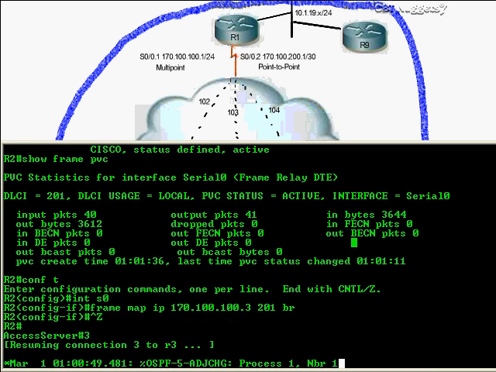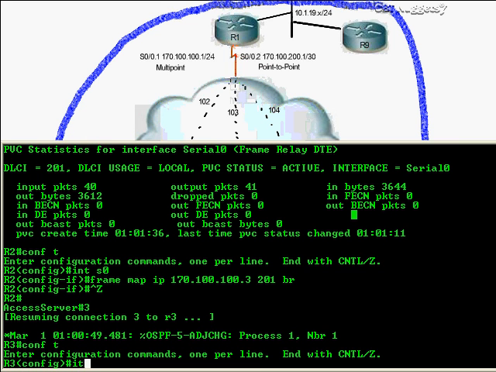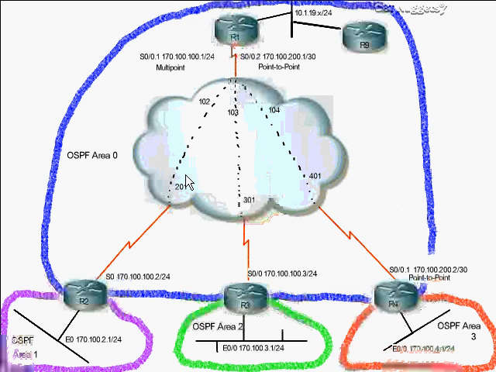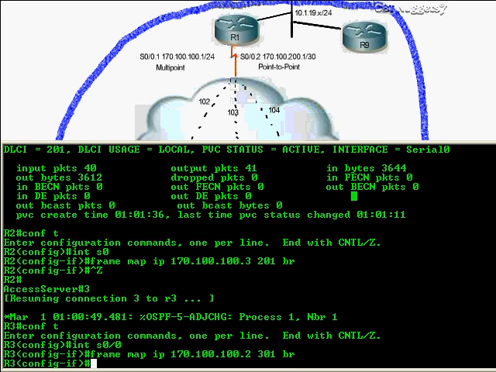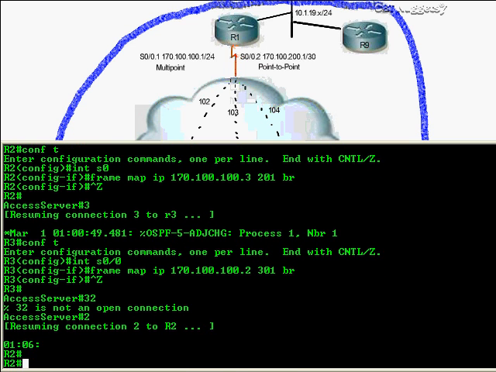Okay, we need to jump over to router 3 and do the same thing. Interface serial 0/0, frame map IP 170.100.100.2, followed by, let me check it here, 301 is the DLCI we'll use to get there. Allow broadcast there as well. All right, because you not only have to go there, you have to get back too.